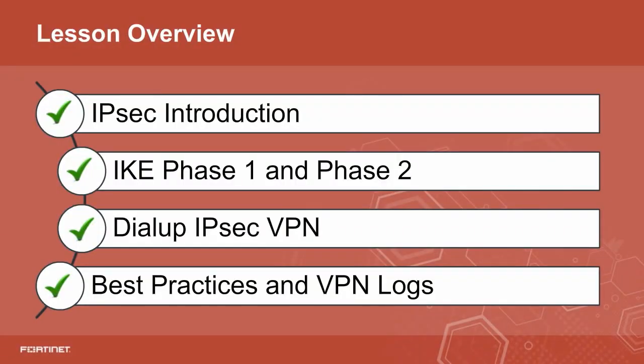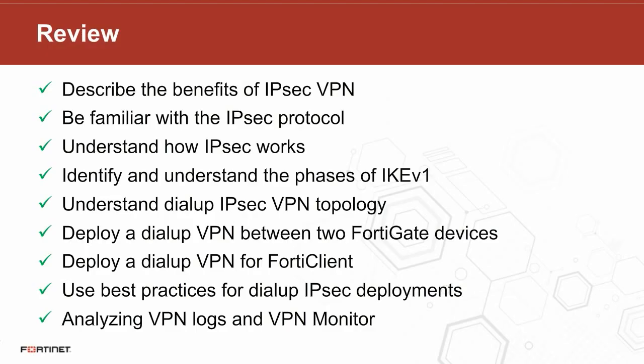Congratulations, you have completed this lesson. Now you will review the objectives covered in this lesson. This lesson covered the following objectives. Describe the benefits of IPsec VPN. Be familiar with the IPsec protocol. Understand how IPsec works.